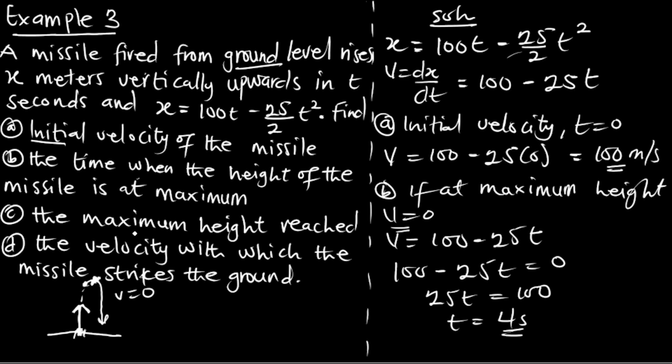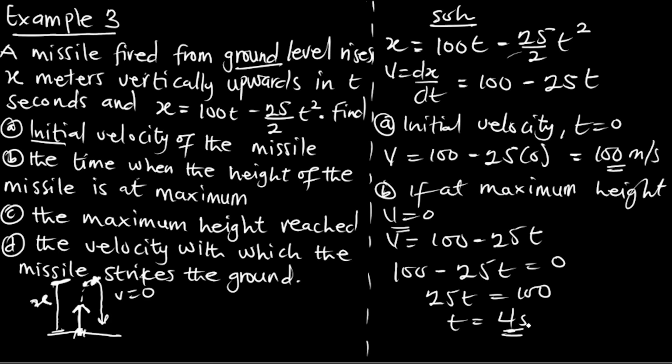Then the C says the maximum height. The question is asking us about the height, that's the distance it covered to the maximum height, x. And we know that x will travel to the maximum height at this time of 4 seconds.